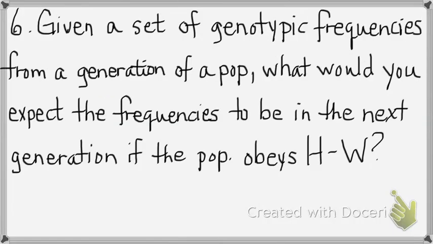Okay, number 6, given a set of genotypic frequencies, I'm just making this up. Let's just say p is equal to 0.7 and q is equal to 0.3. What would you expect the frequencies to be in the next generation if the population obeys Hardy Weinberg? The same, 0.7 and 0.3, so I'll write the same.